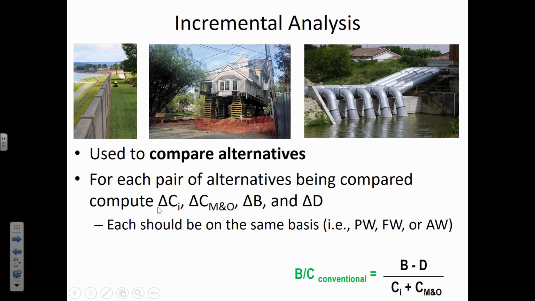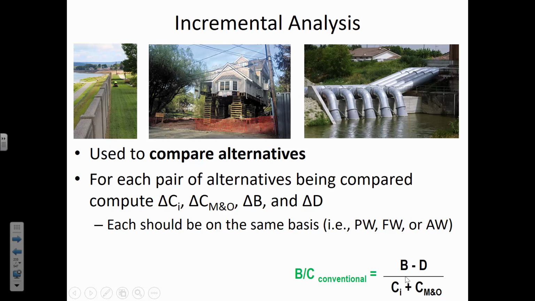So delta CI means how much more expensive compared to the cheapest option is the next option in line. So you look at the extra cost, both on an initial and ongoing basis. How much extra benefit do you get from the more expensive option compared to the cheaper option? And then how much additional disbenefit is there?